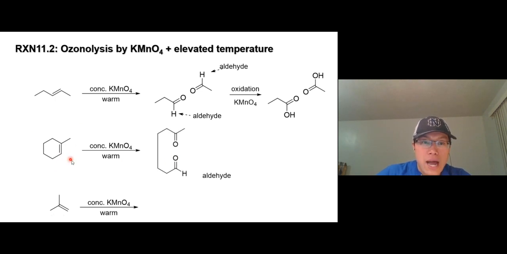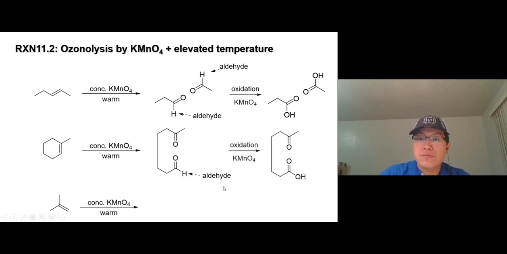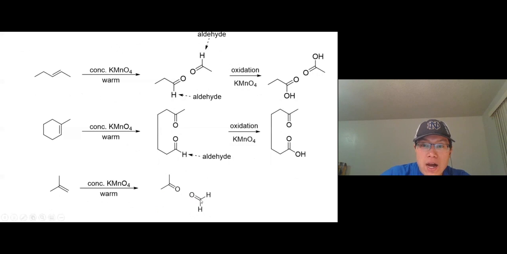At the bottom, there's a hydrogen right here. This is an aldehyde, so it is further oxidized to carboxylic acid. Get that. The ketone is the same: a ketone doesn't have a hydrogen on this carbon, so it doesn't do anything. All right, last one down here. Cut the bond right here, and you're going to have acetone and formaldehyde.